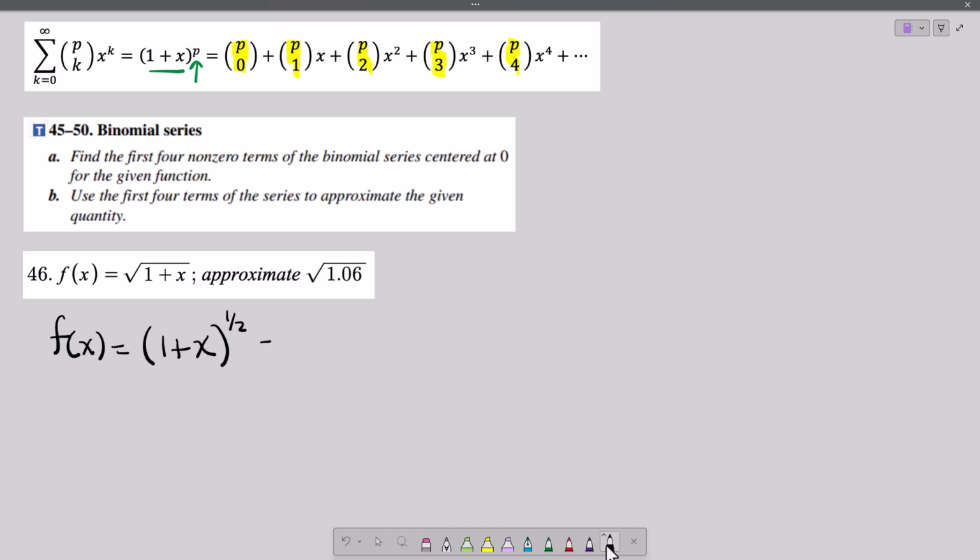So here is how we should think of this. The p-value is 1/2, p for power. So we are going to have, and this is how I will rewrite it all the time, our first coefficient, the constant term. Then we have 1/2 choose 1, and it just climbs up just like we do with a geometric series.